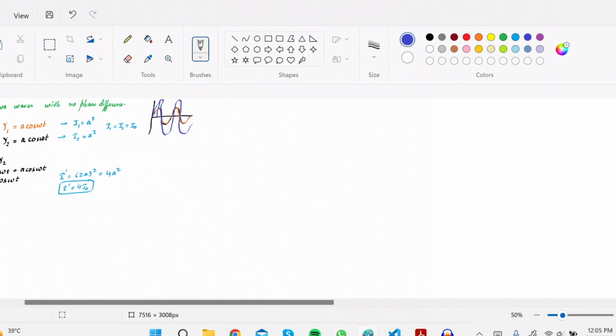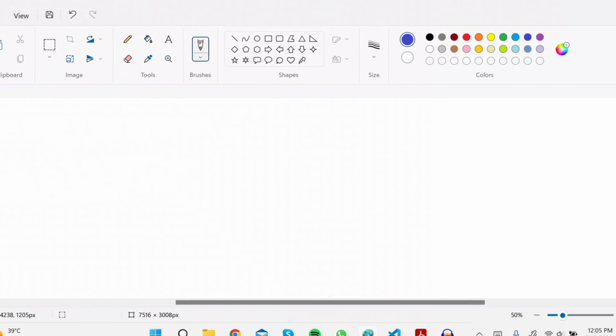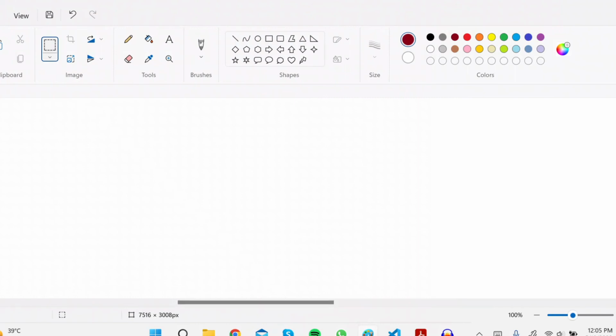So let me move to the other side and let's write here the topic name: superposition principle for 2 waves having a constant phase difference between them.